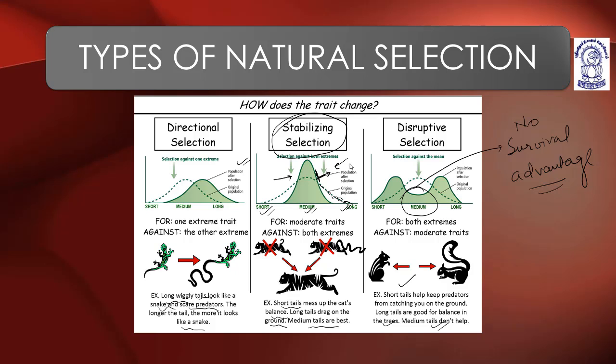Okay, one thing I should tell you, in natural selection, these three different types of natural selection, the curves, whether it is stabilizing, directional, or disruptive, they work in different conditions. Like stabilizing selection works where the environmental competition is very less.